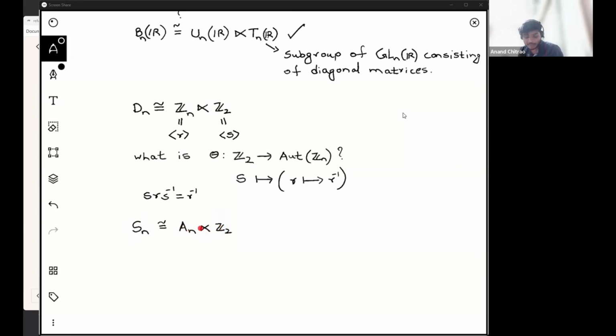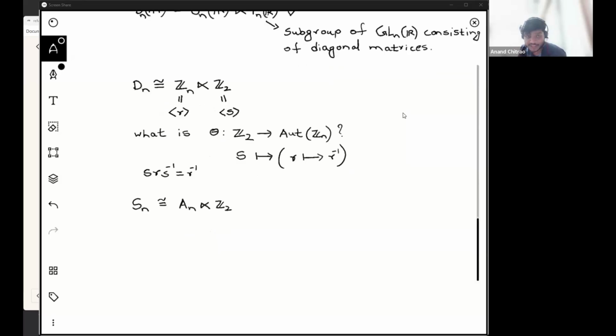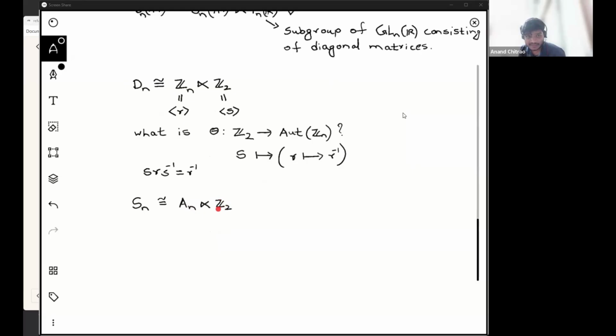Try to compute the homomorphism theta in this case as homework. Just use the trick that theta is supposed to be conjugation by elements of Z2 on An.